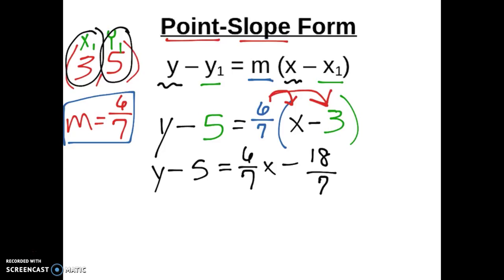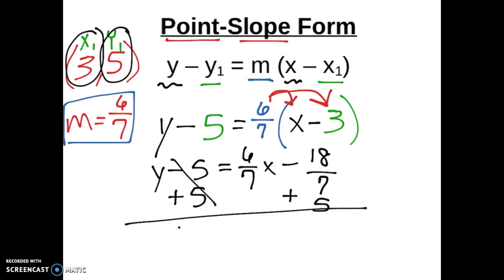Okay, from here we have one more step. You have to add the 5 that's over here. Okay, and again, especially when we are adding or subtracting with fractions, it can be really helpful to have a calculator available. And so in this case, don't forget that we have a negative 18 and a positive 5.